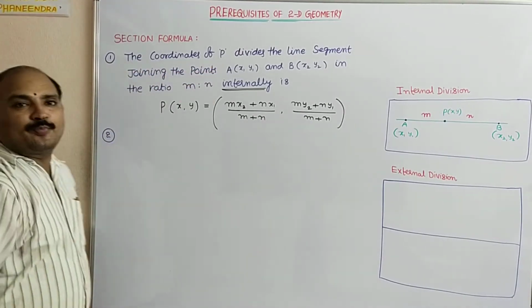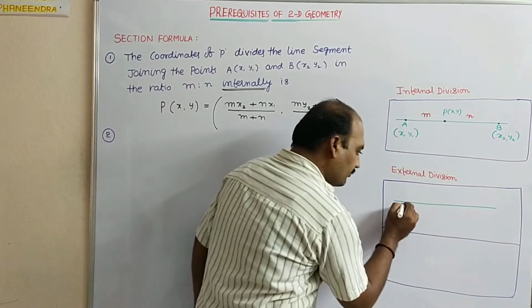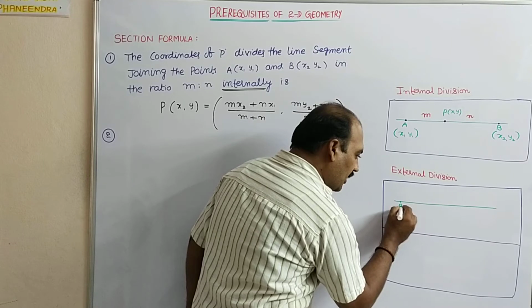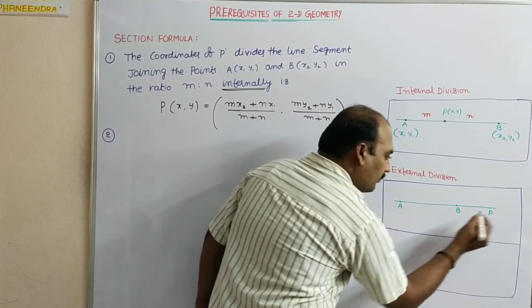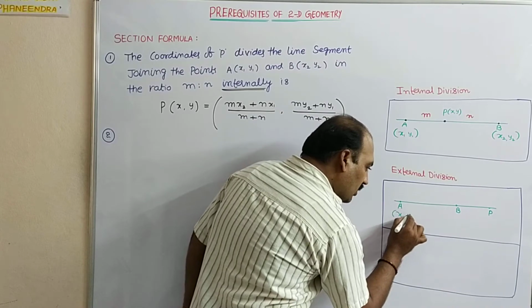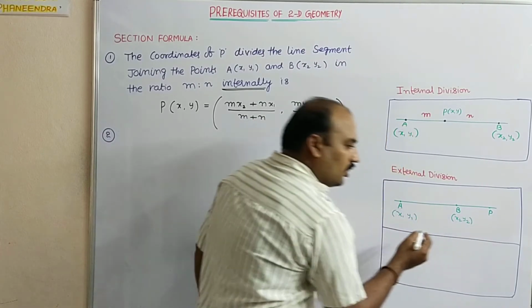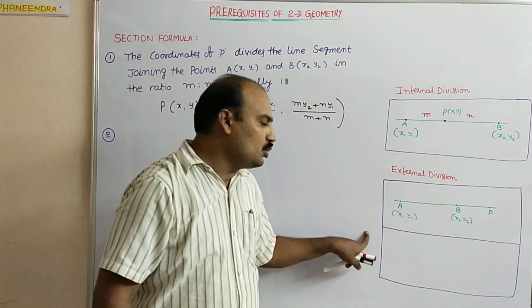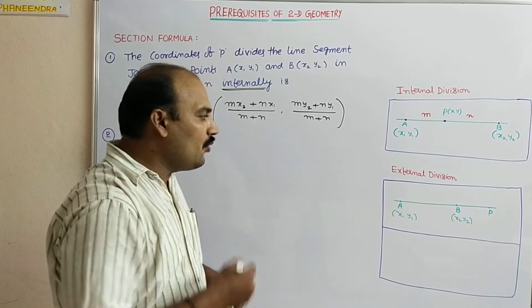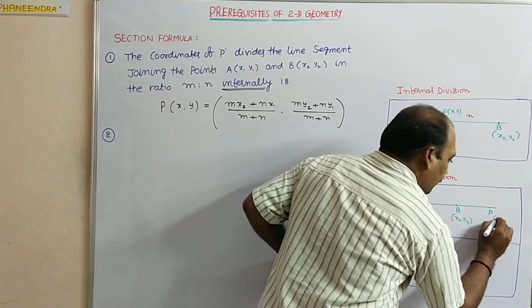The coordinates of P which divides the line segment. Here the point is A, the point is B, the point is P. So A of x1, y1, B of x2, y2. This external division we can do in two cases, and I will explain how now. The point P is x, y.